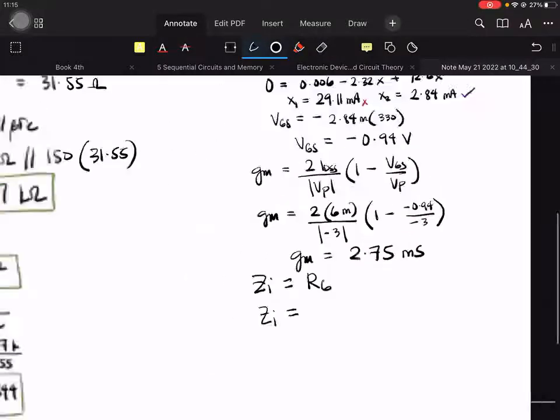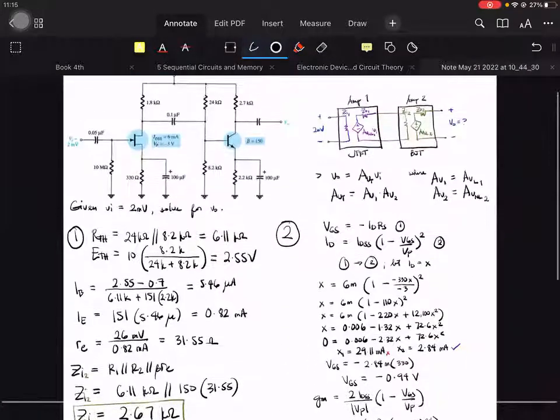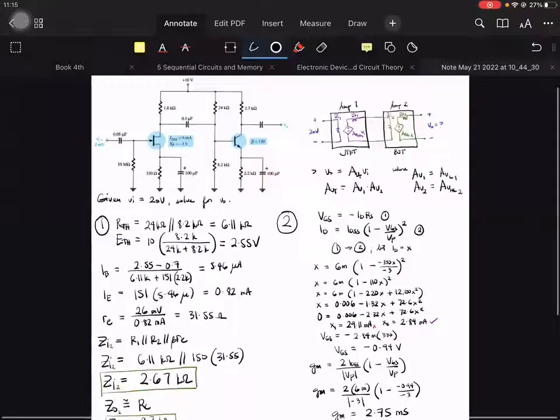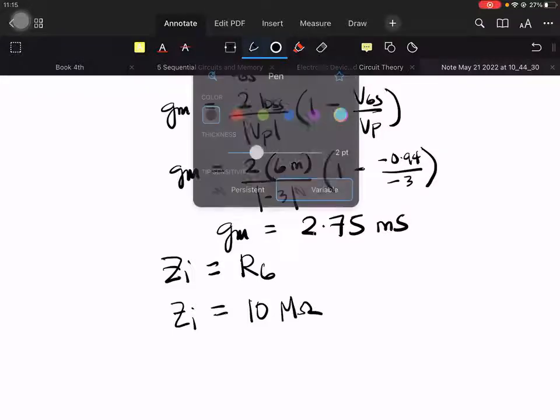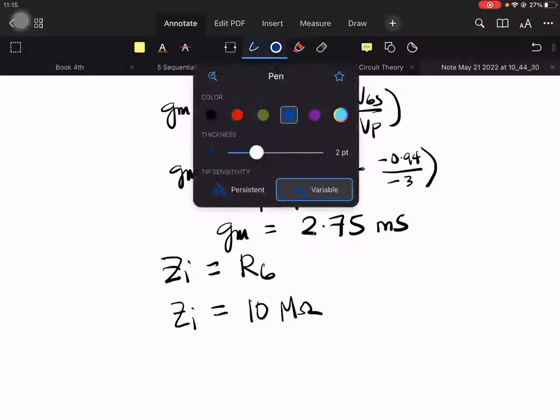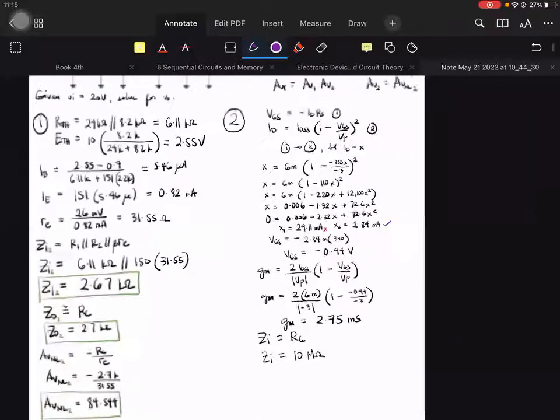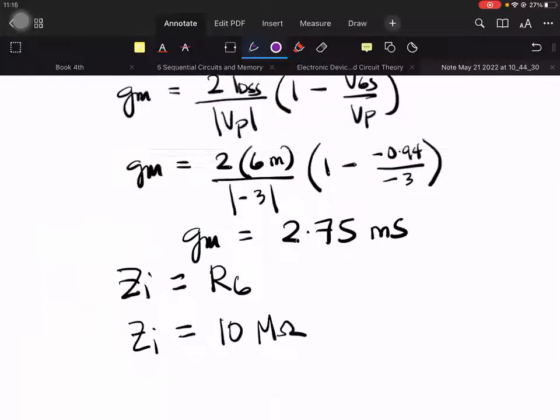Therefore, ZI is 10 mega ohms. This is ZI1.